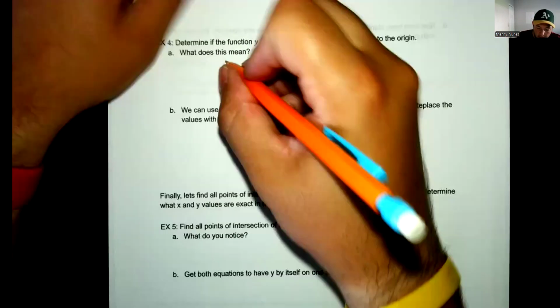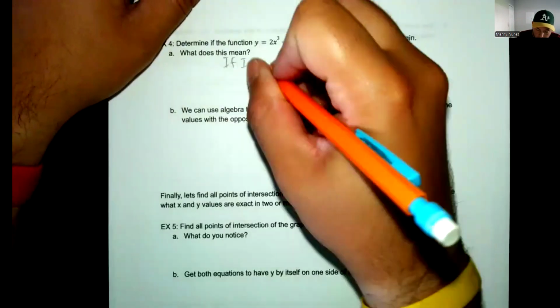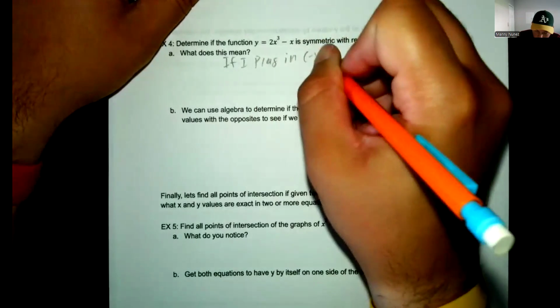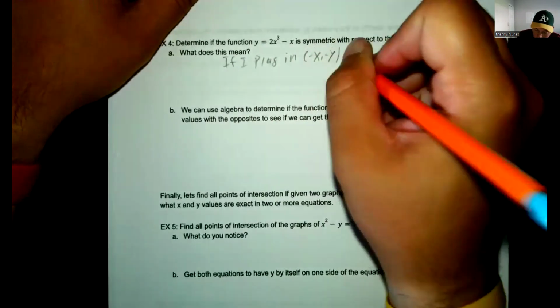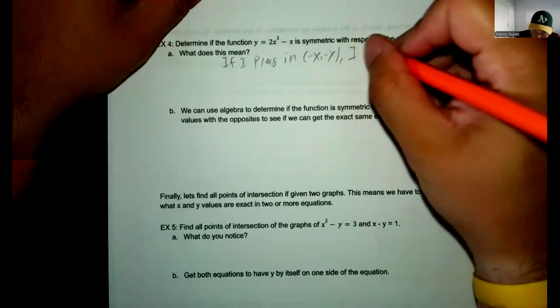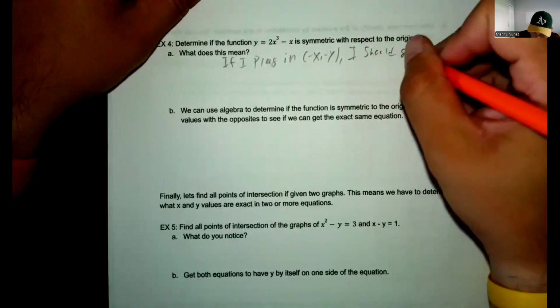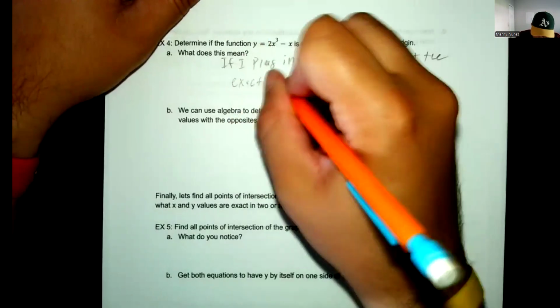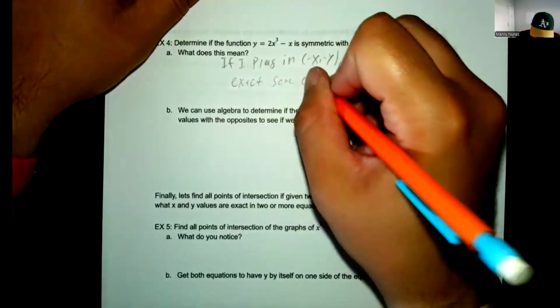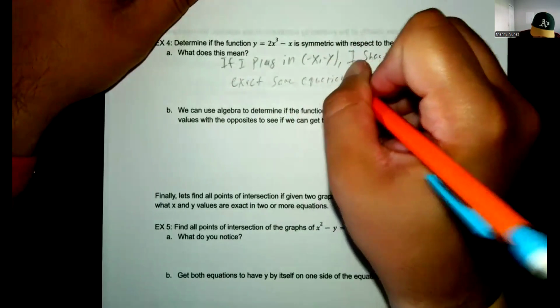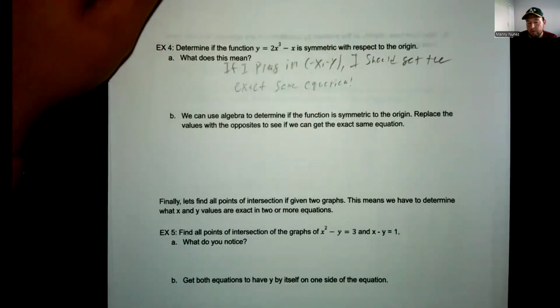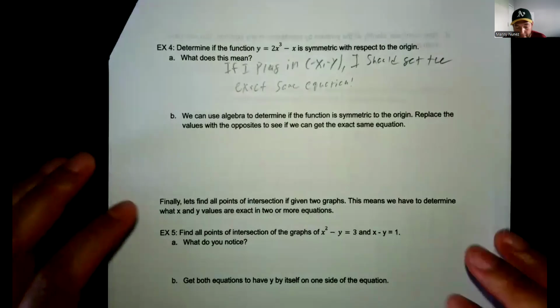Okay? So if I plug in negative x and negative y, I should get the exact same equation. And that's how I can show that it would be symmetric with respect to the origin. So let's do it, right?